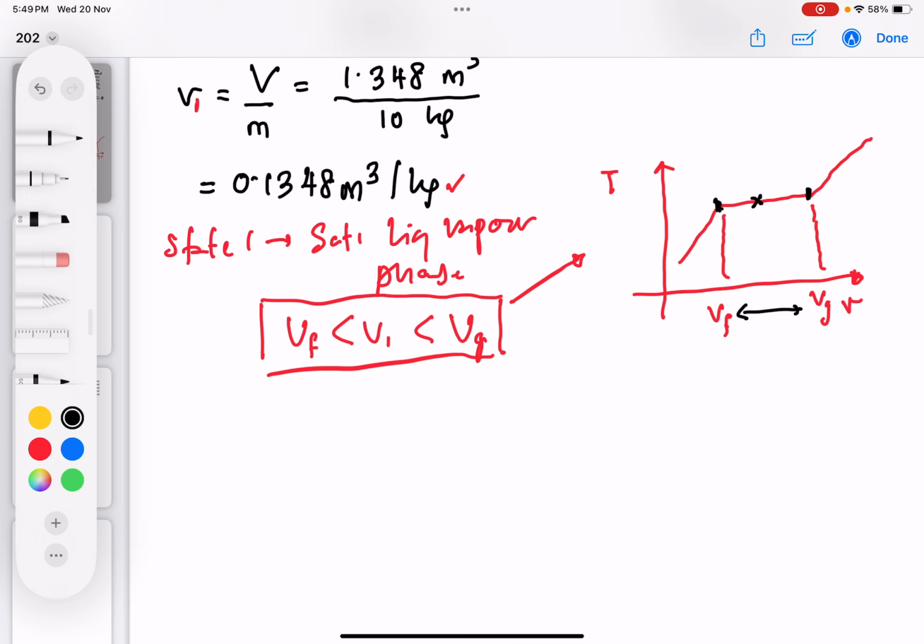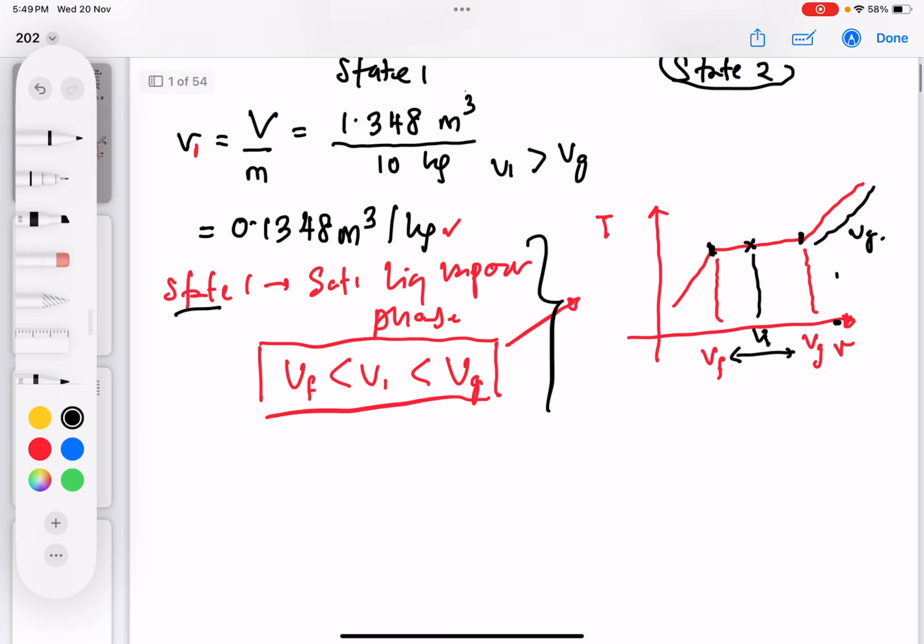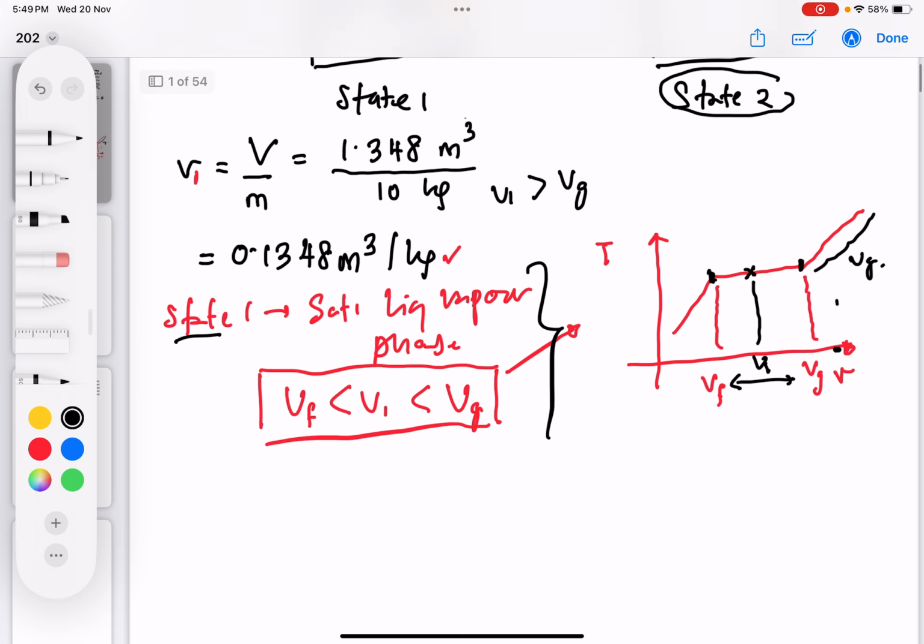So let's say it is located here, therefore this is my v1. What happens if my v1 is bigger than my vg? That means v1 is located somewhere around here, which is bigger than vg. Therefore, I can say that it is located in the superheated region. So this is how I come to the conclusion that my state 1 is in the saturated liquid vapor phase.